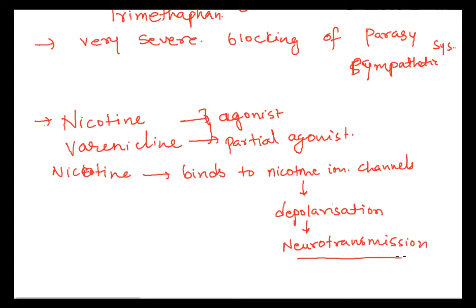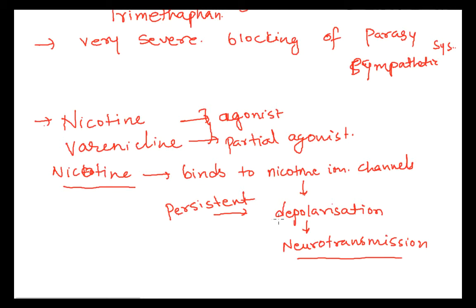But to continue neurotransmission, this depolarization again has to get back to repolarization, and the repolarization cycle keeps on moving. But because nicotine binds to these ion channels, it leads to persistent depolarization.